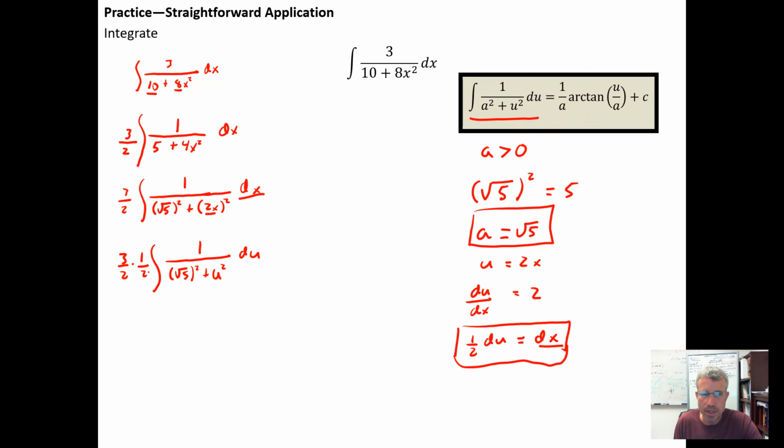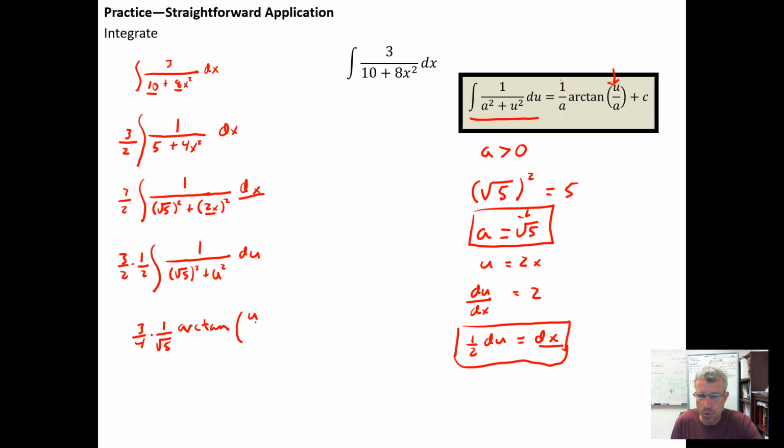So I get 3 times 1 over 2 times 2 is 3/4 times the antiderivative of 1 over a squared plus u squared is going to have 1 over a. So I'm going to get times 1 over a, but a is the square root of 5 in this problem. And then we're going to be times the arctan, or inverse tangent, of u over a.